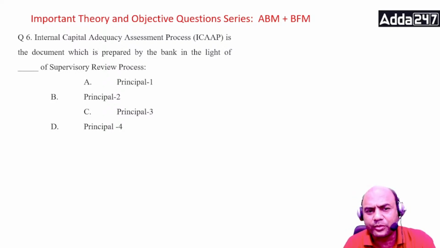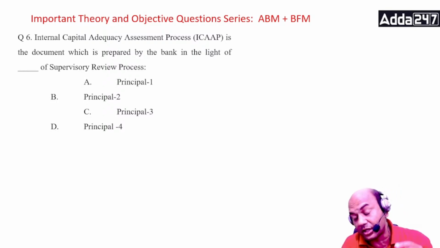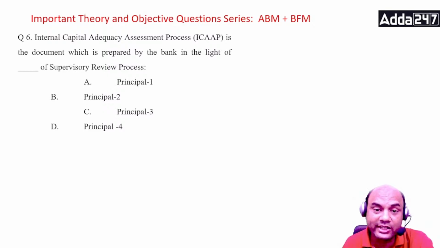I'll just read the short form now. ICAAP is the document which is prepared by the bank in the light of the dash of the supervisory review process. Now, this is really difficult. I won't go into all the 4 principles. There are 4 principles of the SRP. I won't go into them over here, because those are detailed ones.